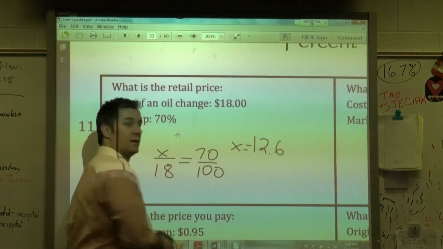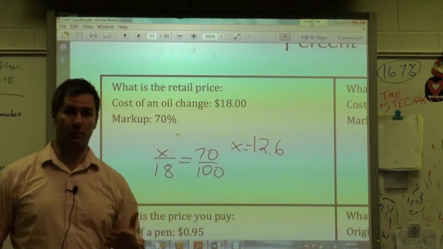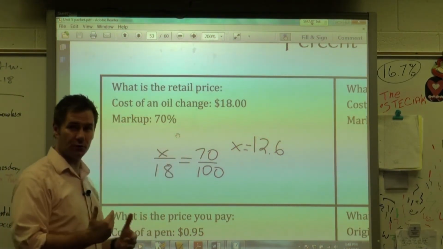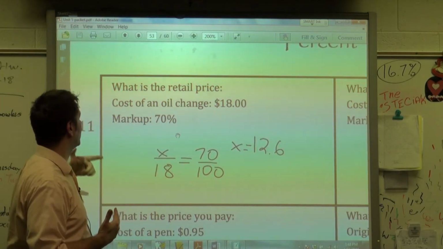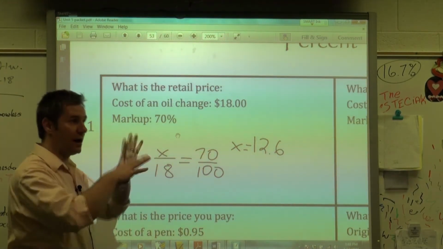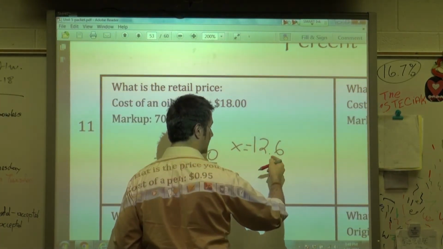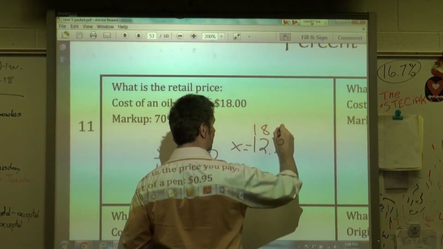However, that is not the end of the problem. What we have to do is add this markup to the original price. Then we will have the retail price at the end. So what we're looking for is to add 12.6 to $18.